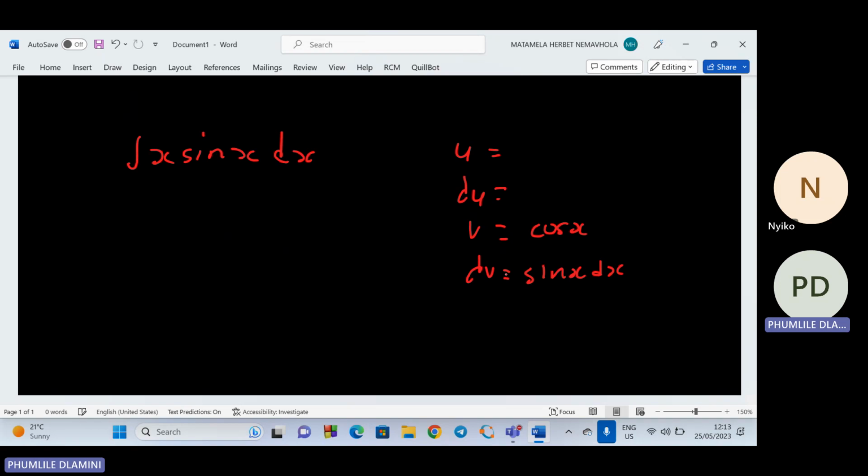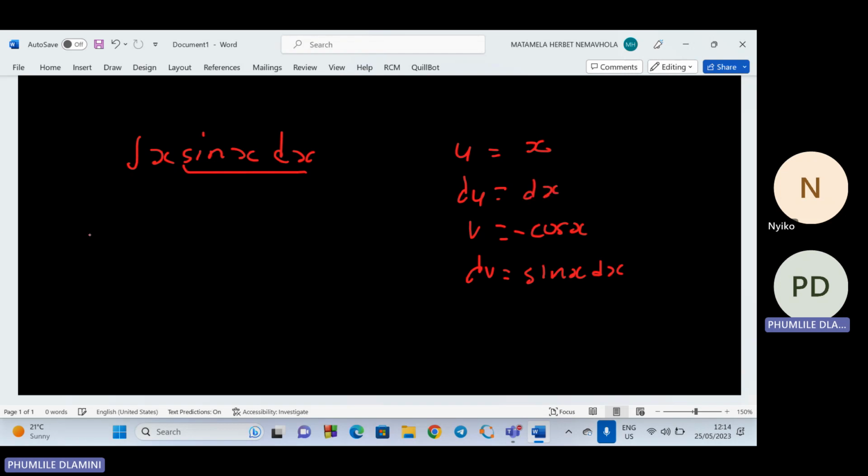But when it was cos x, we know that when we differentiate cos x, it's going to be negative sin x, which means I can put a negative here so that I can get positive sin x. Then my u is going to be x. If you are using this one as u, everything here is going to be dv. So if I differentiate x, I'm going to have dx only, because it's just going to give me 1.